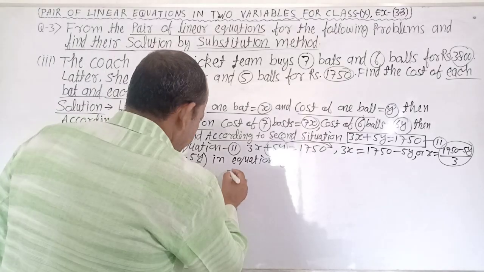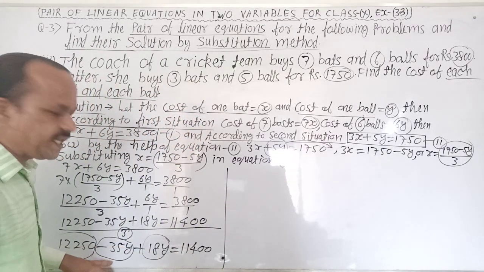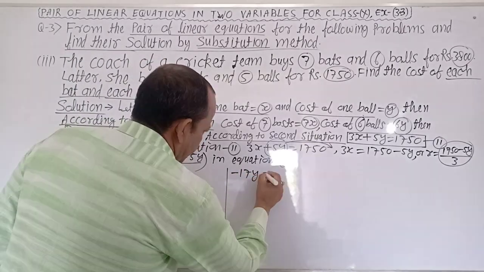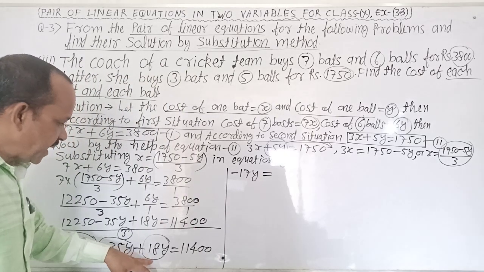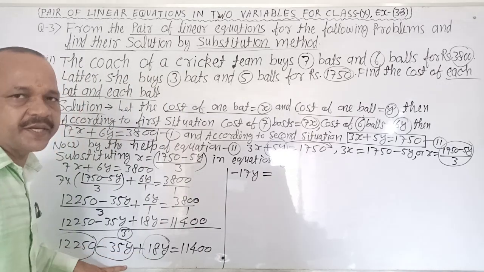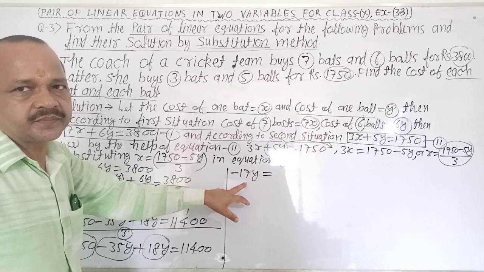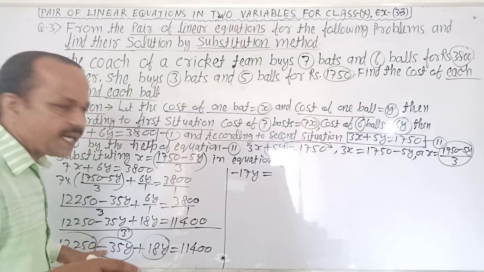It becomes, here you subtract it, it becomes minus 17y equal to, here plus 18y minus 35y equal to minus 17y, because here is the minus sign. Clear?